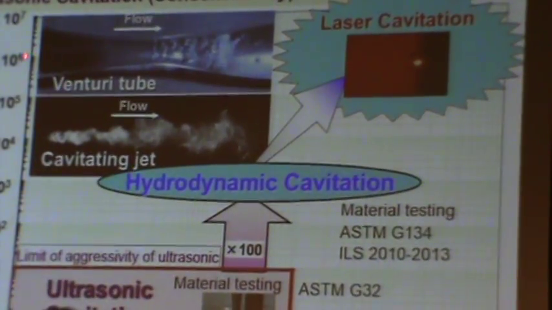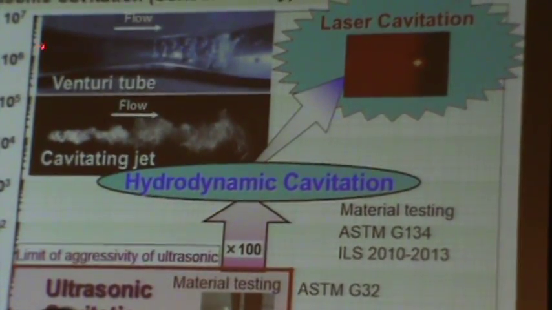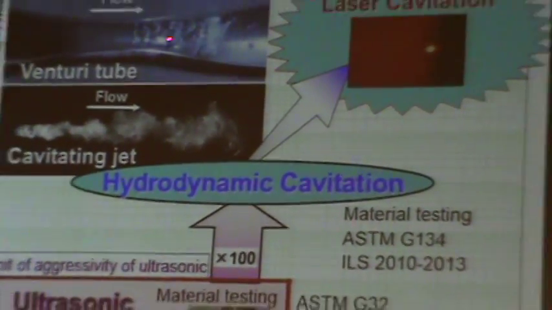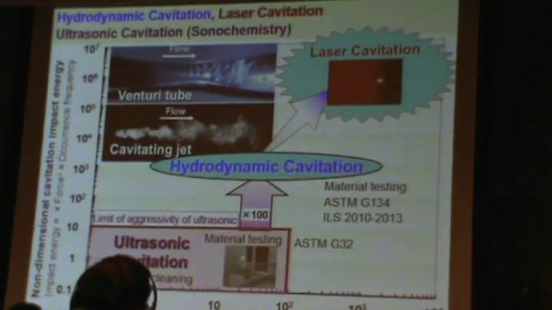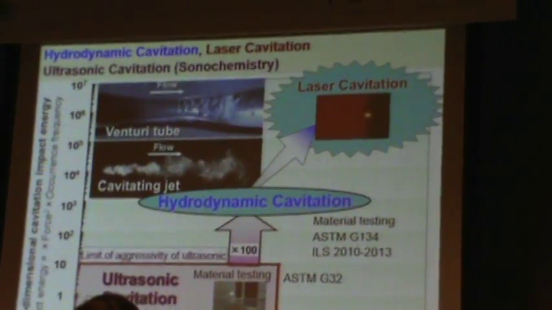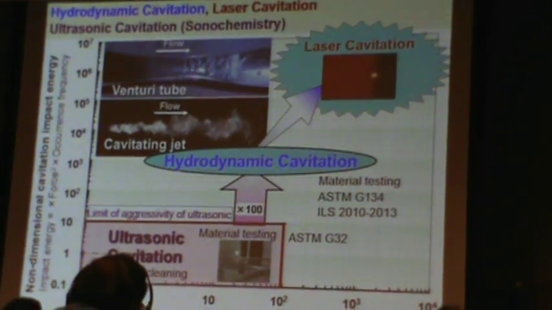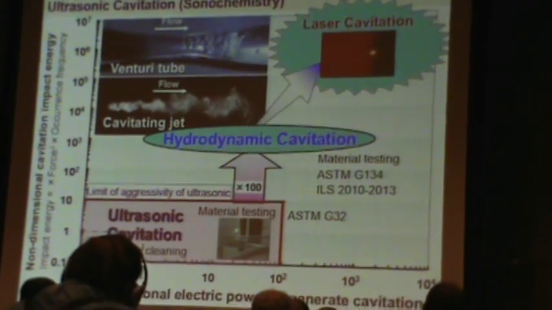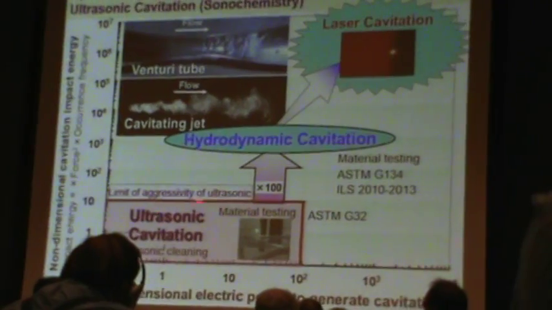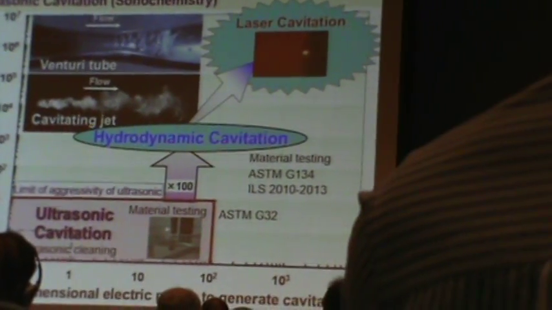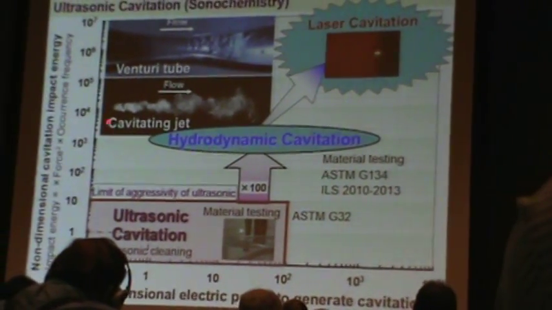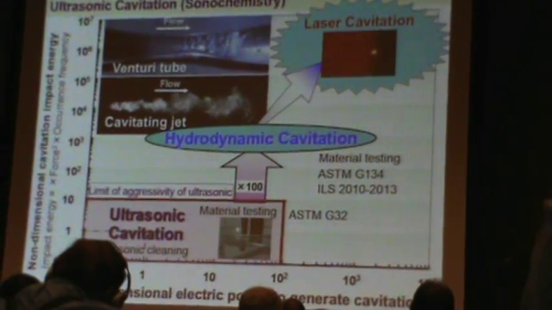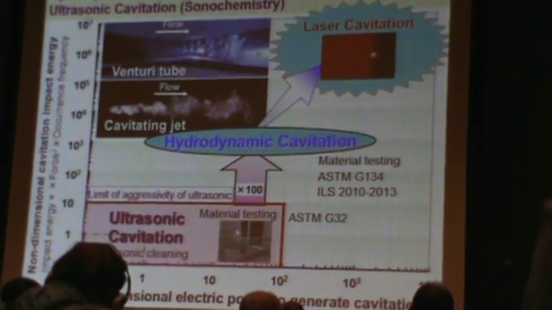If water passes through a narrow region, we can get cavitation bubbles. From the viewpoint of material treatment, at the same electric power, we can get a more intense cavitation bubble compared with ultrasonic cavitation. Of course, we must optimize the flow pattern and the cavitating condition.